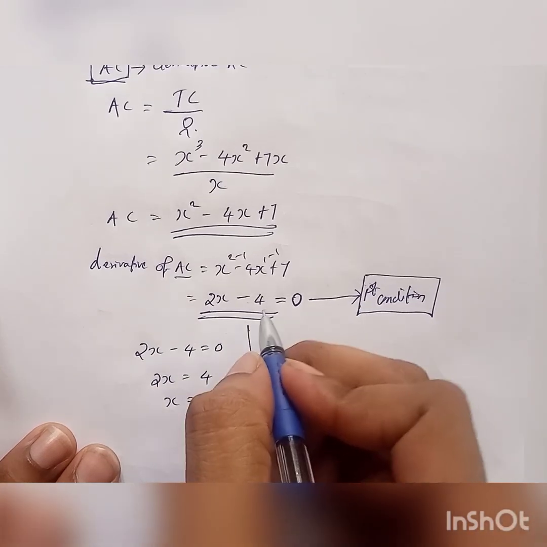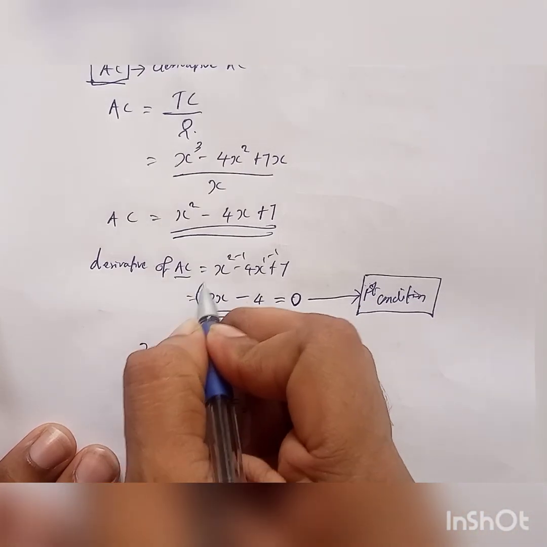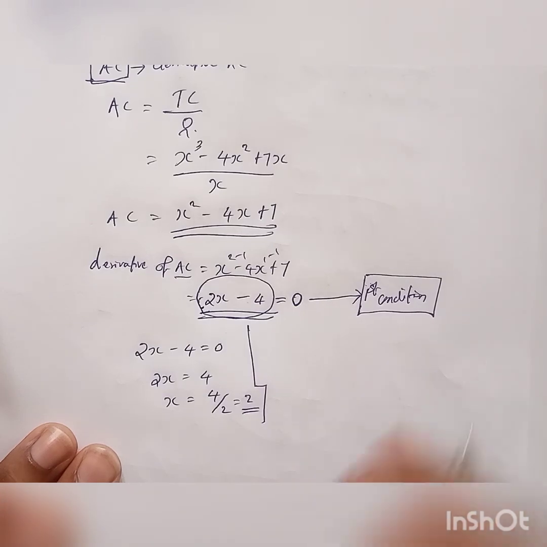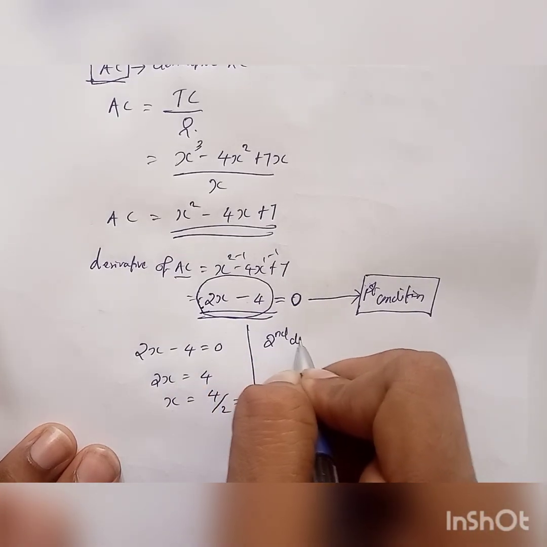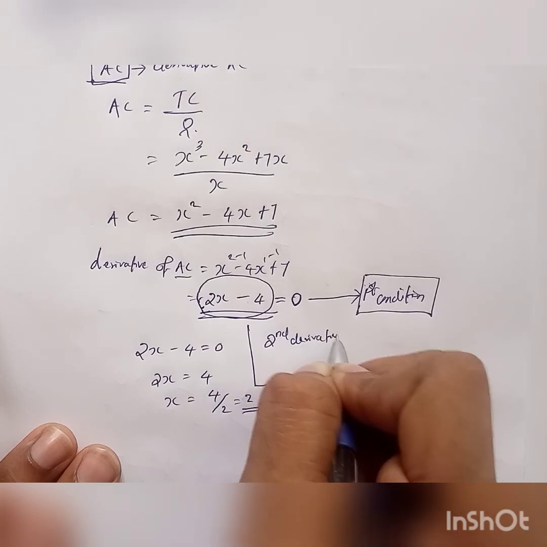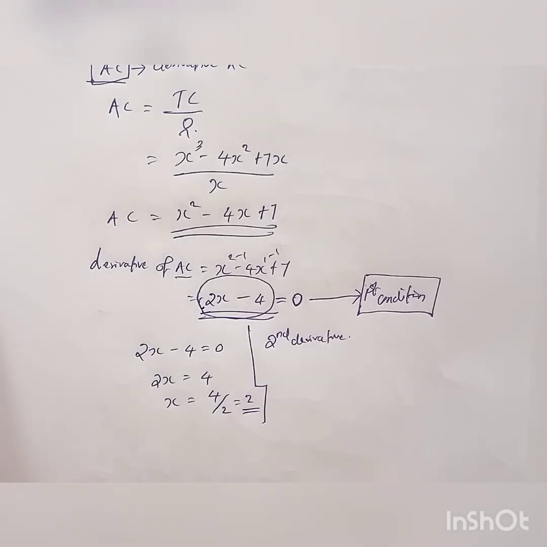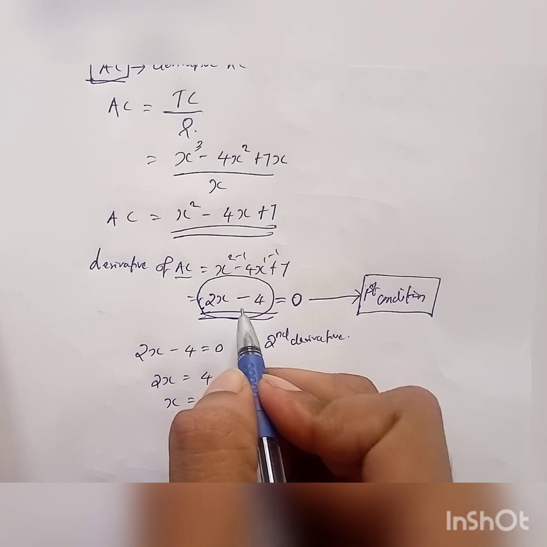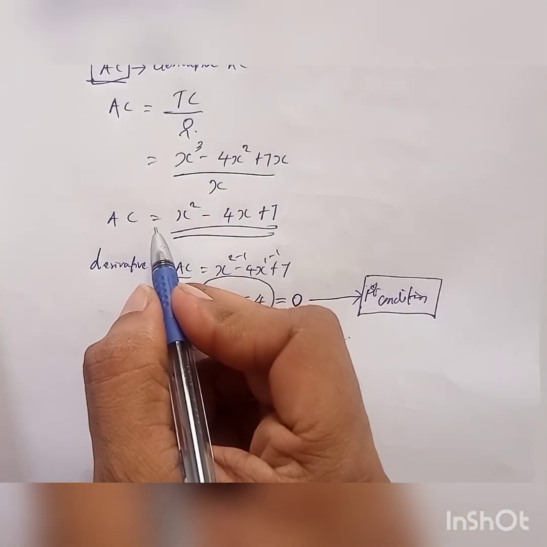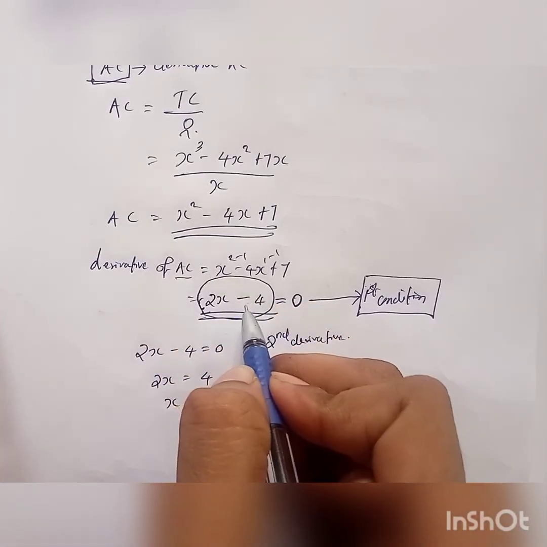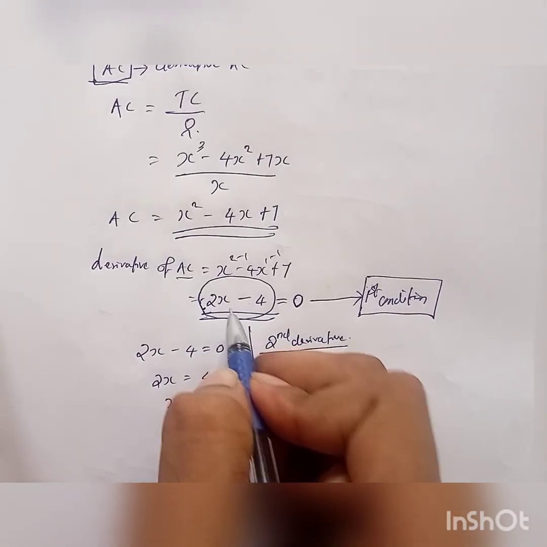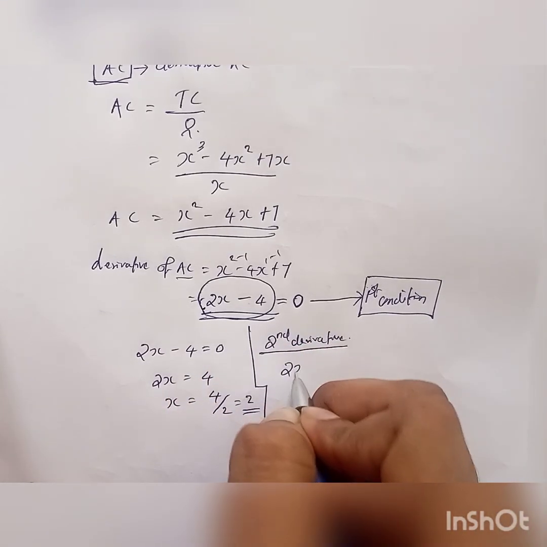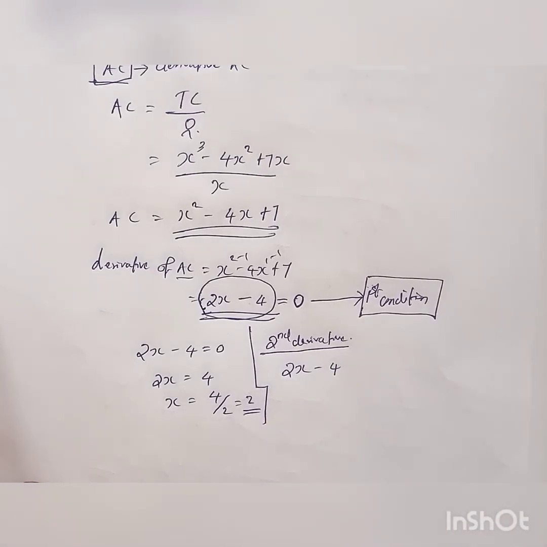Next condition is what? We are already having the first derivative here, right? So we have to find the second derivative now. In order to find the second derivative, we will use this function only. We should not go into average cost, right? This is the first derivative, so from the first derivative, we have to find the second derivative.